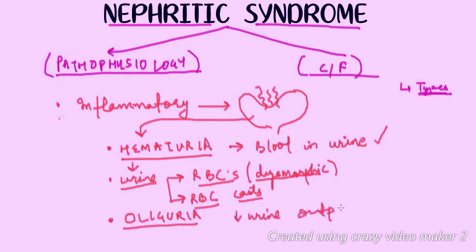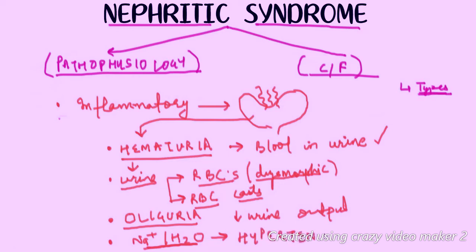Since there is a decrease in the urine output, salt and water retention will take place. Now since the kidneys are excreting less salt and less water, it will lead to retention of salt and water, and it will cause hypertension or increase in BP.